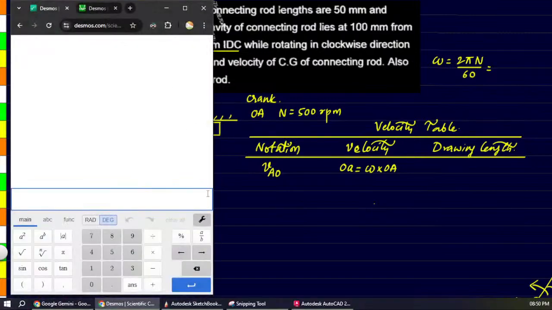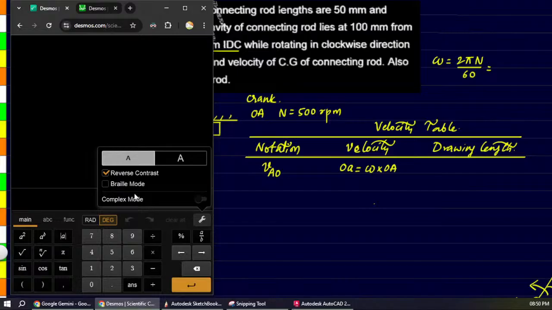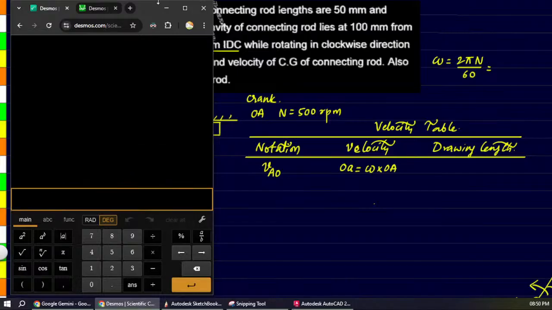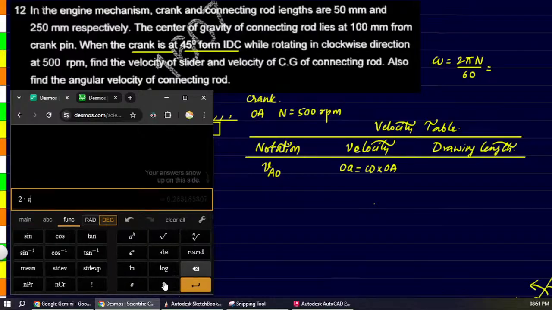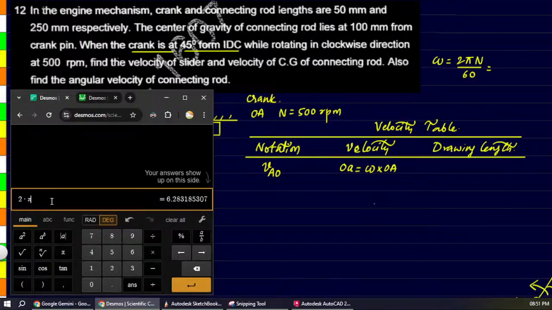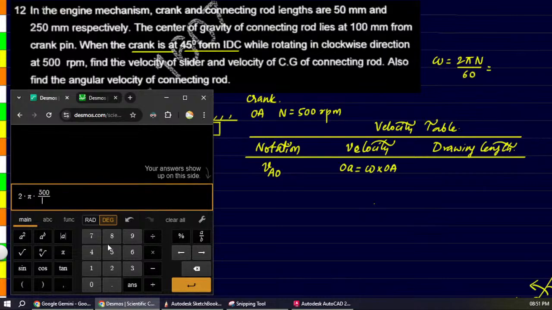In the calculator we'll have to feed the values. First we will take 2 into pi, into n value, which is given as 500, divided by 60.